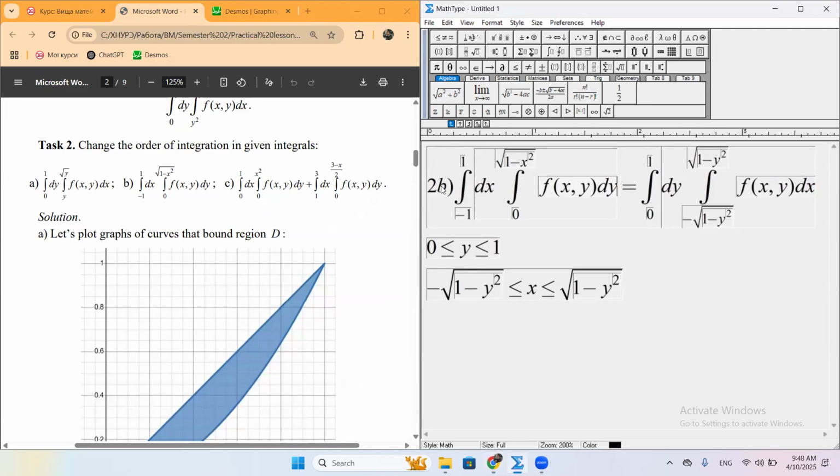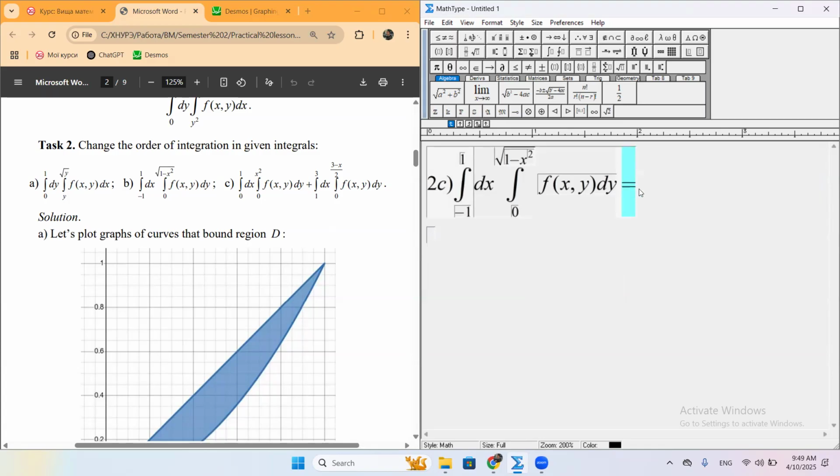Now we have a more complicated case, but actually nothing impossible for us. So we have a sum of integrals, and we have to change the limits of integration.